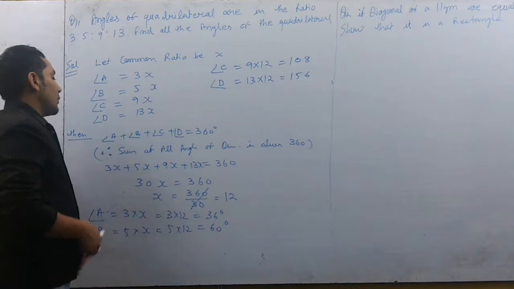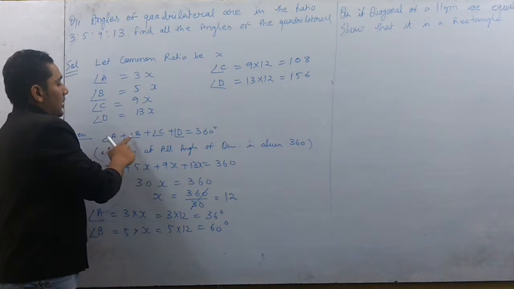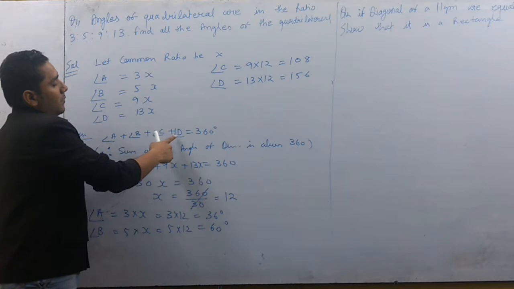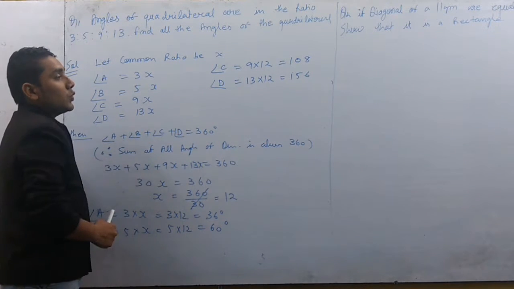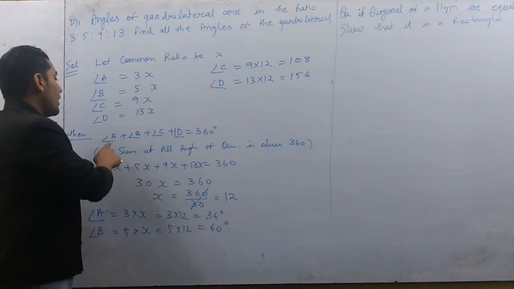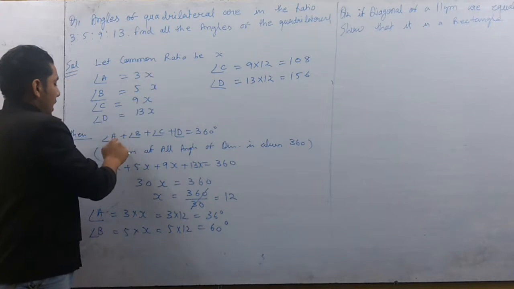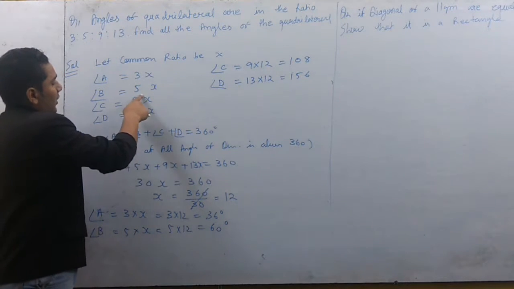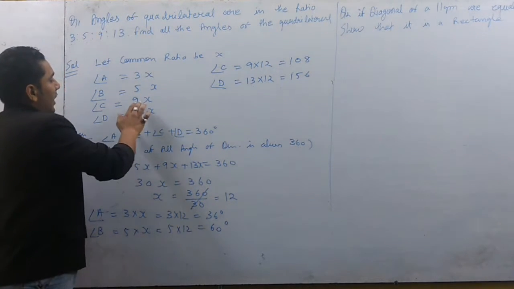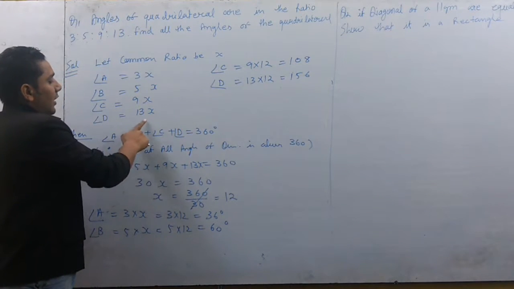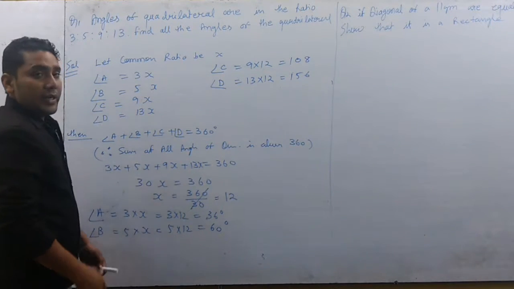So angle A plus angle B plus angle C plus angle D is equal to 360. Then put the values: angle A is 3x, angle B is 5x, angle C is 9x, and angle D is 13x.